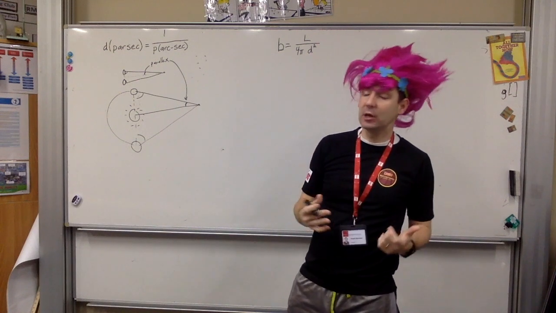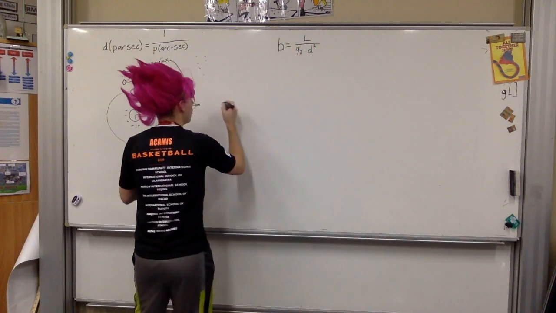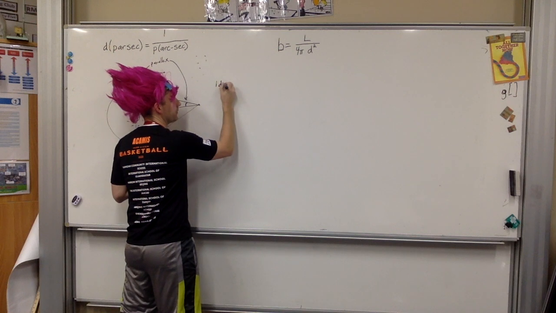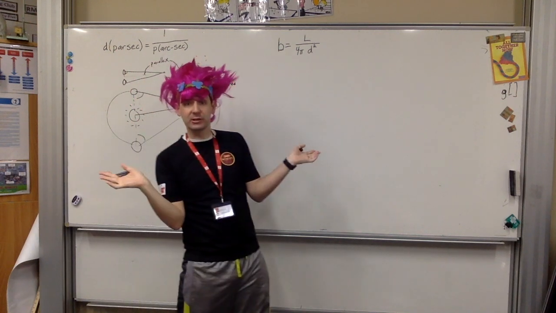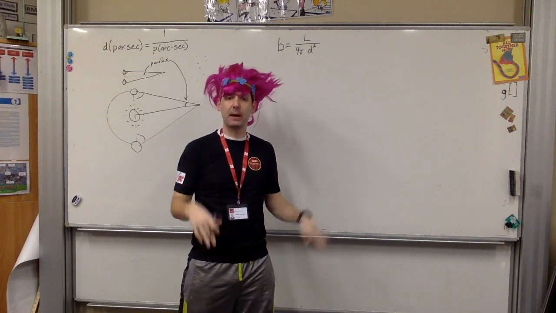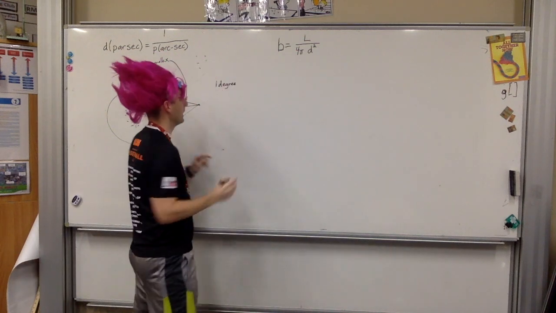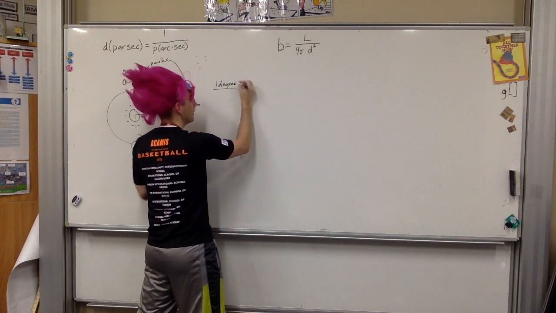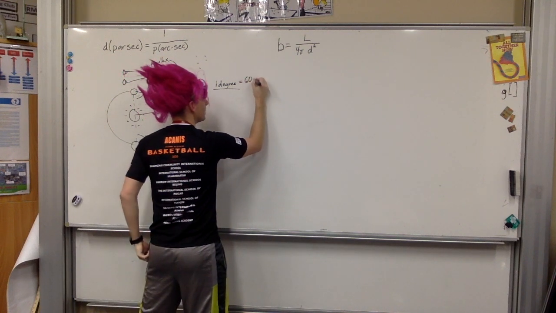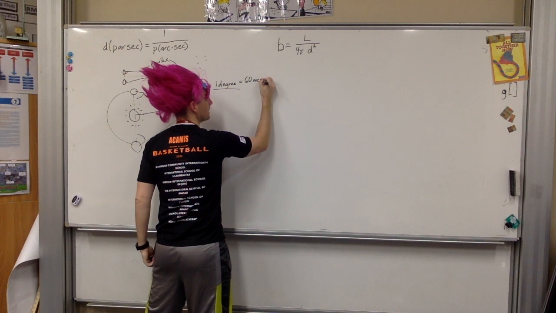Now those that aren't familiar with it, if I have 1 degree, a normal degree, you know, your 360 degrees, the old stupid thing that the Babylonians came up with, 1 degree is the same thing as 60 arc minutes.